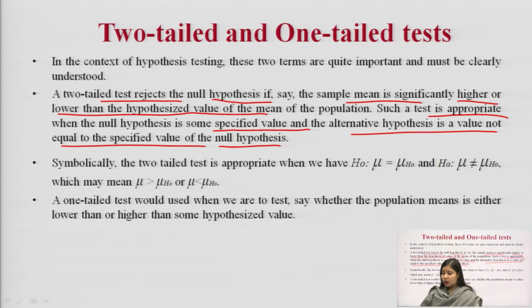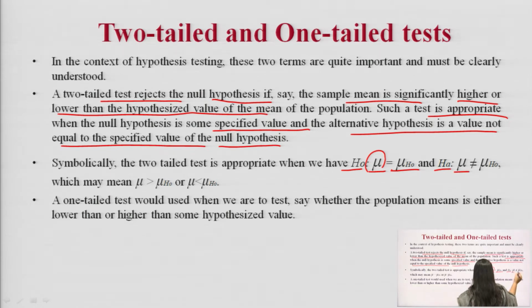Symbolically, we can say the two-tailed test is appropriate where this is our null hypothesis, this is the mean of the population, and it holds if the population mean is equal to your hypothesized mean, and HA is when your population mean is not equal to your hypothesized mean.